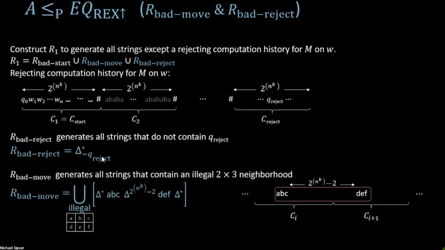I could go through more effort to make sure that I'm only describing the very last configuration as not having the reject, but that would just be more work, and I don't need to do that work. So maybe it would be good just to understand why this is sufficient, what I've described here, and that it's not going to cause me any problems.